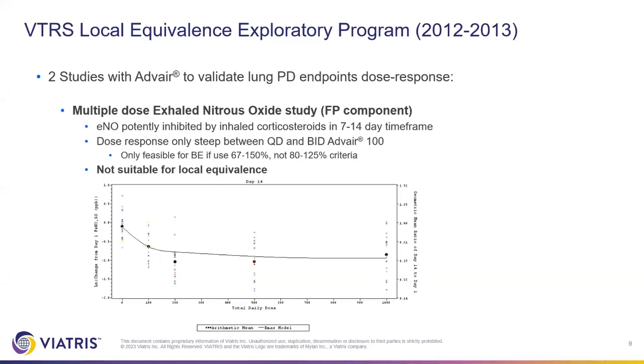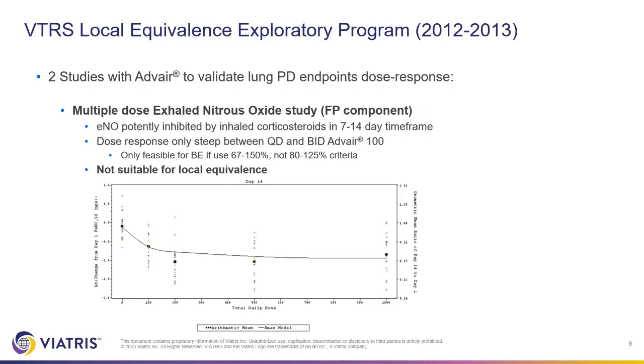And around about the same time, FDA completed their own study where they looked at fluticasone in the MDI product, and also found a lack of dose response. They found, as we did, that exhaled nitric oxide was simply too sensitive to the inhaled corticosteroid component.